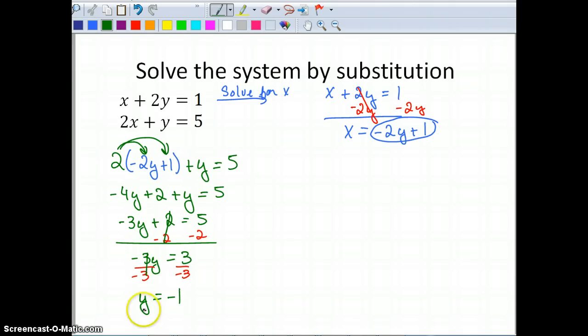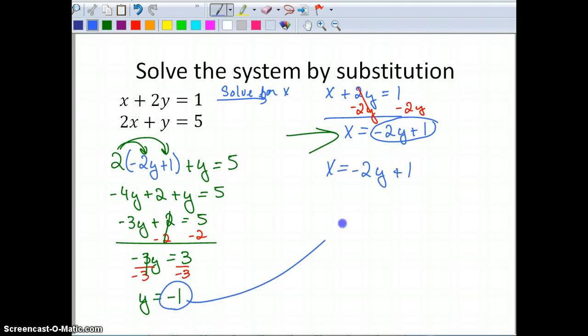Now that I've found y, I need to go and find x. Now, I could use either one of these equations if I wanted to, but I want to use this one because the variable x is already isolated for me. So I'm going to say, okay, I've got x is equal to negative 2 times y plus 1. Well, what's y? Oh, y is negative 1.